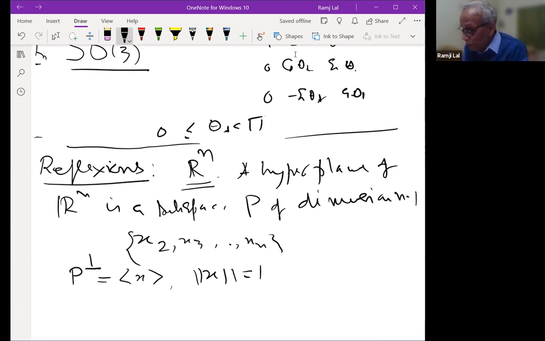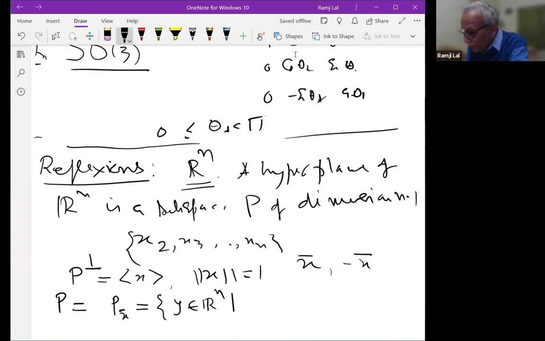If you embed it into an orthonormal basis, you have two choices, x bar and minus x bar, right? So P can be described by a vector x bar, which is not unique, but unique up to a sign, and y belongs to Rn such that y is orthogonal to x bar.